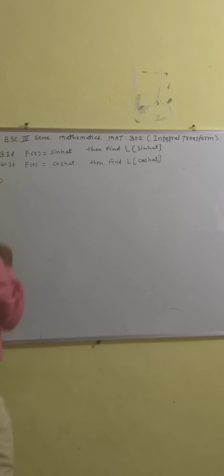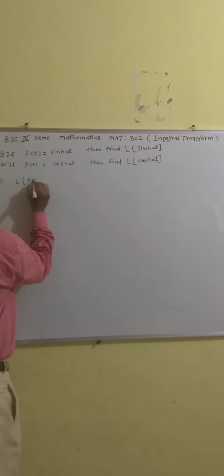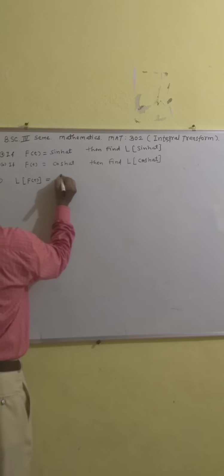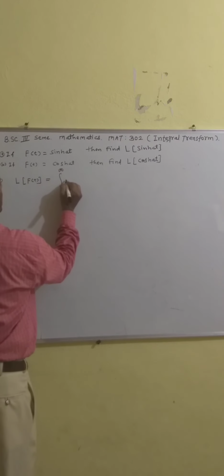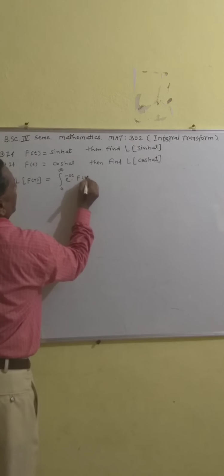Again, by the definition of the Laplace transform, we have the Laplace transform of f of t is equal to the integration from 0 to infinity of e raised to minus st into f of t dt.